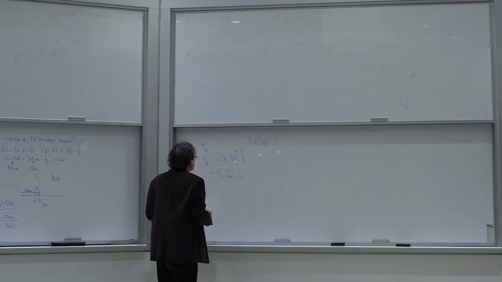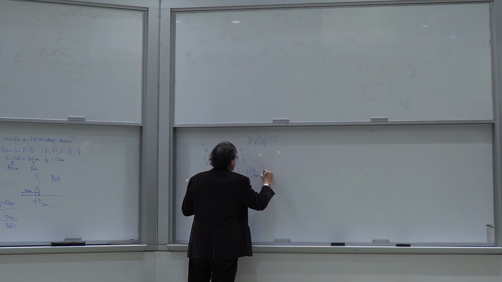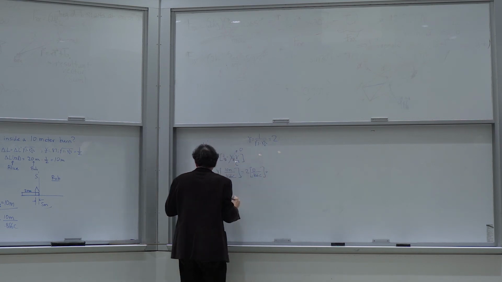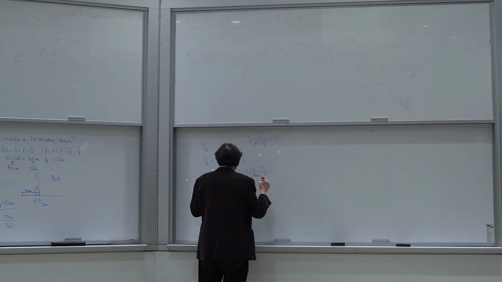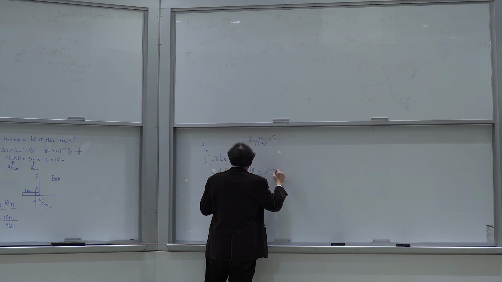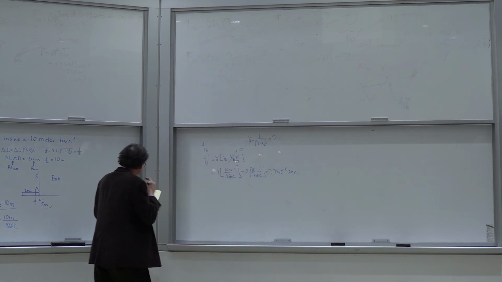So this is equal to 2 times 10 divided by 0.866 times c, and plugging in the numbers, T sub A prime is equal to 7.7 times 10 to the minus 8 seconds, or about 77 nanoseconds.